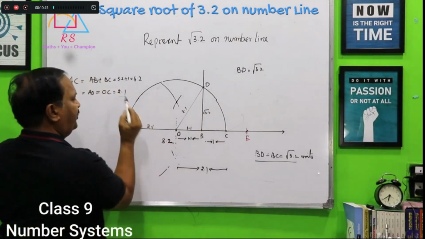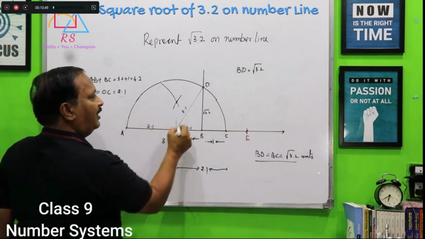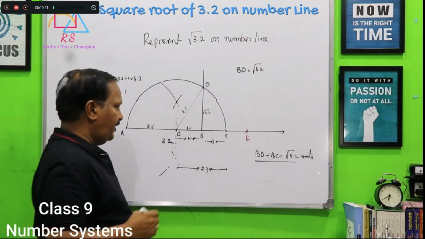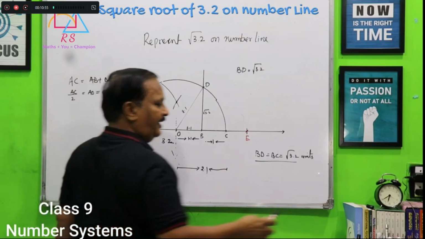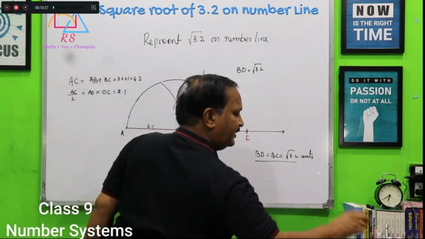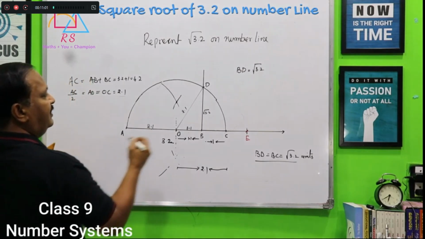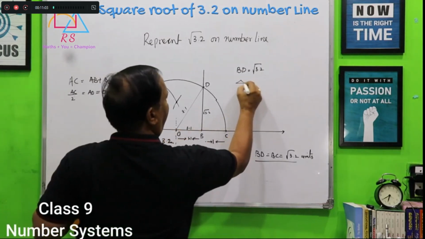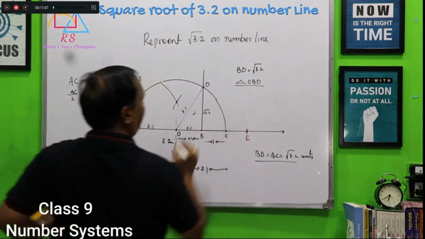Radius is nothing but 2.1. So OA is equal to 2.1 and OD is equal to 2.1. Even OC is also equal to 2.1. Now we have to use the Pythagoras theorem. In which triangle? Triangle OBD is a right angle triangle.